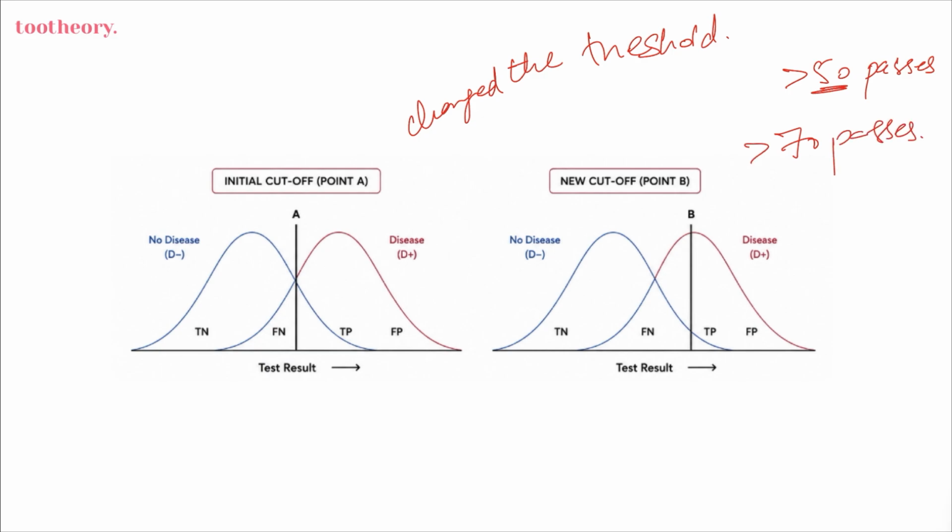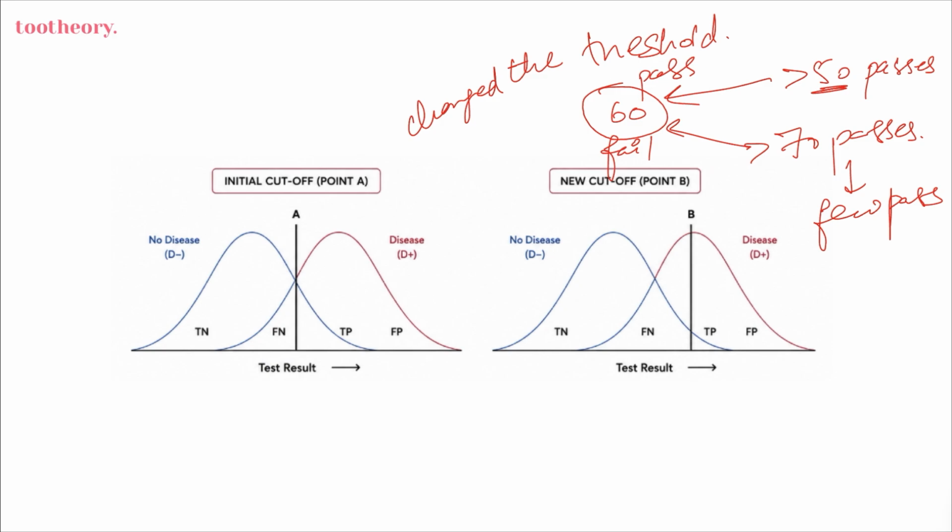So initially, a person who had scored 60 was set to pass, but now that person would fail, right? It all depends on my threshold and how strict I am with it. If I become more strict, fewer students will pass. So this is exactly what we're going to look at in these questions.